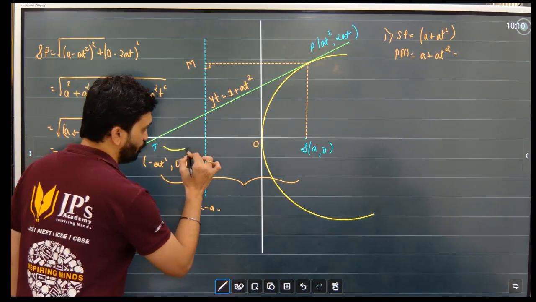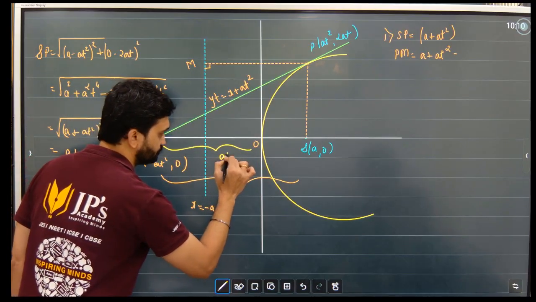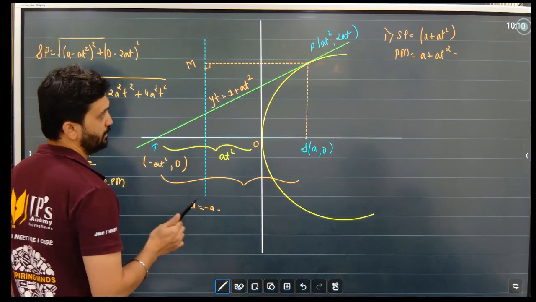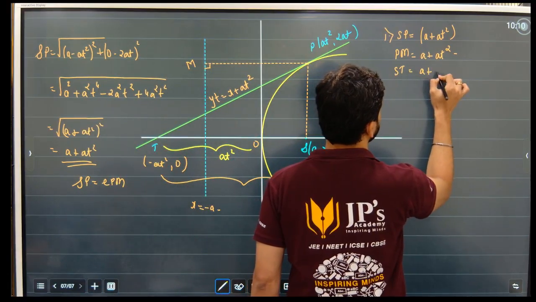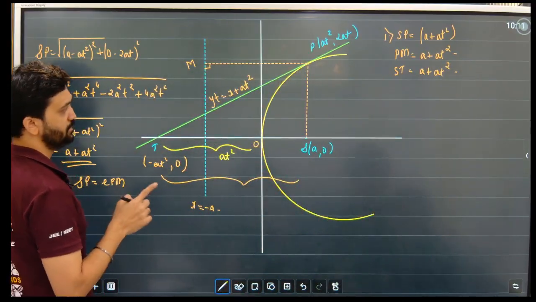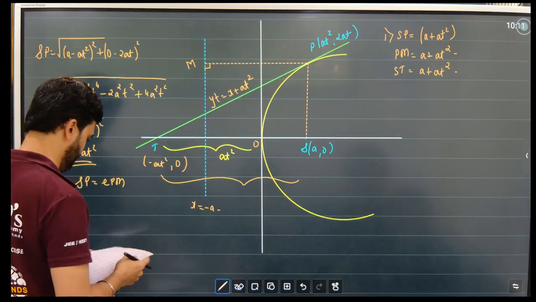What is the OT value? at². So what is the ST value? a plus at². So if we check, SP, PM, ST have the same value.